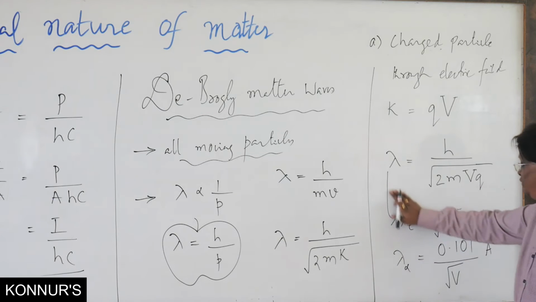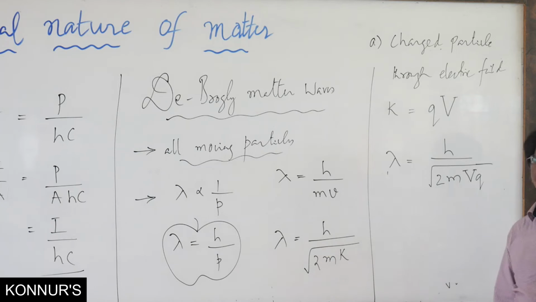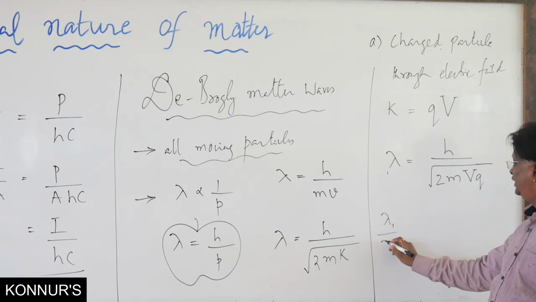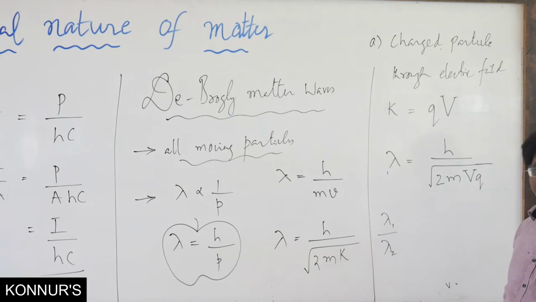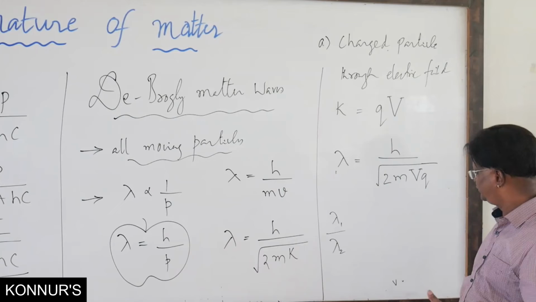Now, as I have told you, every time whenever you write an equation, what are the different possibilities? Writing ratios, percentage changes, graphical representations, and so on. Right? Supposing here I say comparison of lambda for two different particles, or for the same particle with different potential differences, everything.